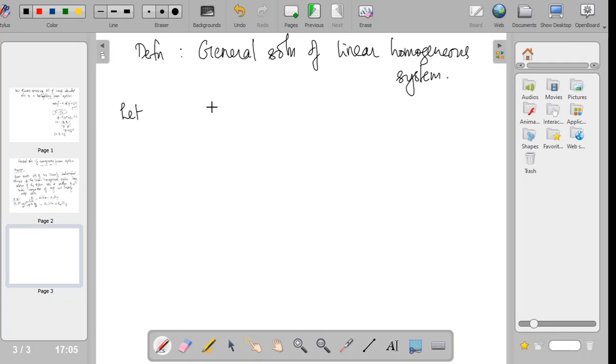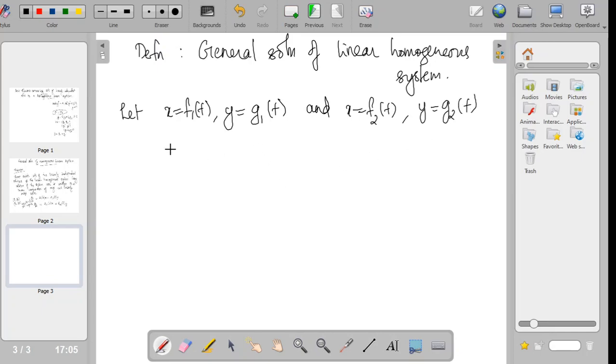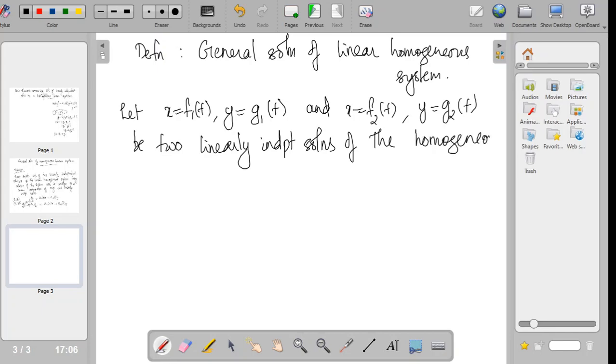So we must have two pairs of independent solutions. Let x equal to f1(t), y equal to g1(t), and x equal to f2(t), y equal to g2(t) be two linearly independent solutions of the homogeneous linear system.